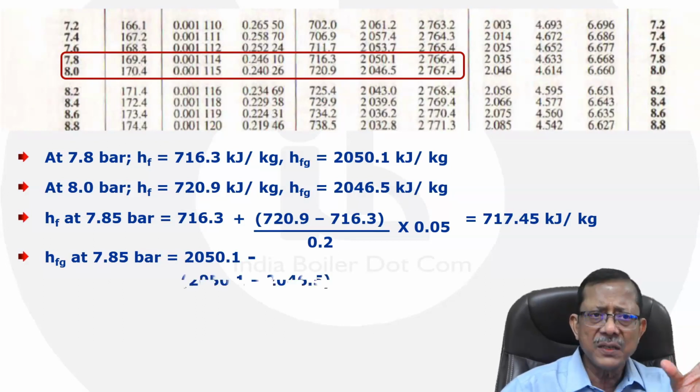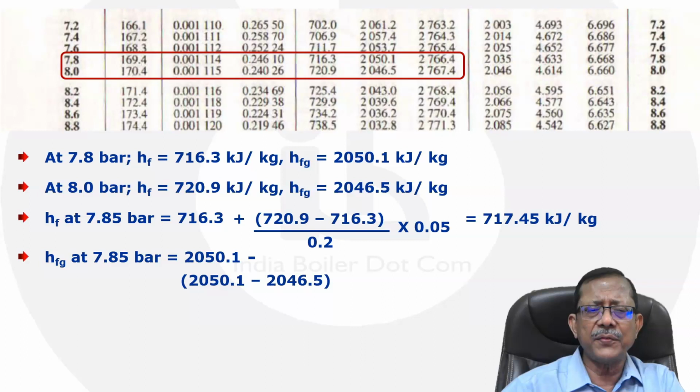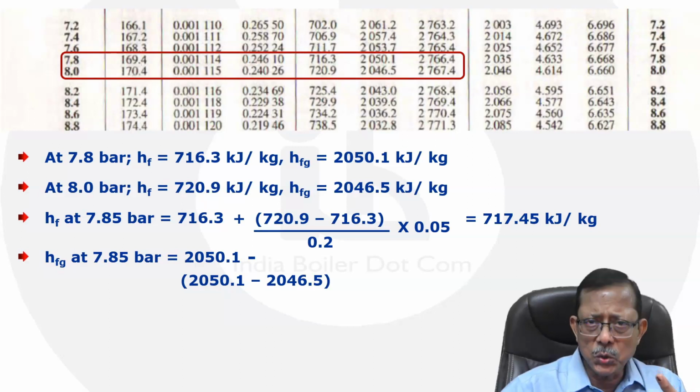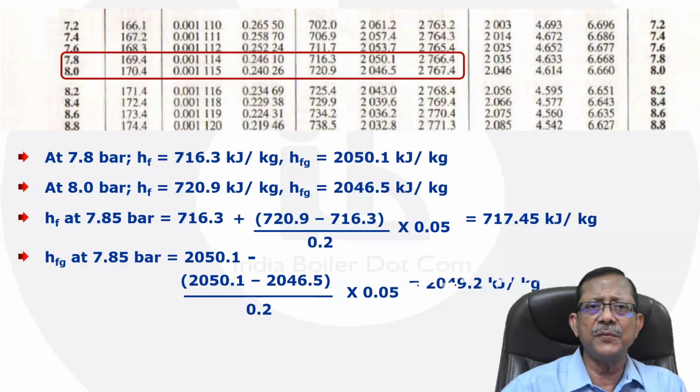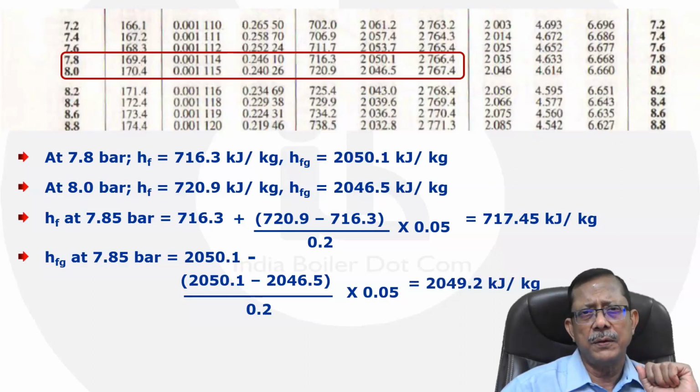What is the difference? Difference is 2050.1 minus 2046.5. This is happening over a pressure of 0.2 bar increase, so divided by 0.2 into 0.05 will give you the interpolated latent heat at 7.85 bar.